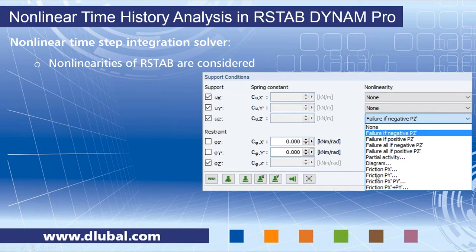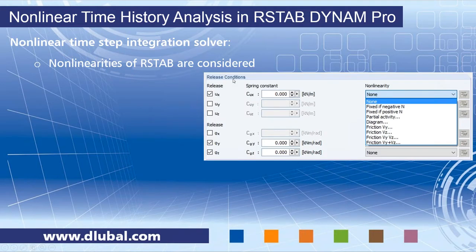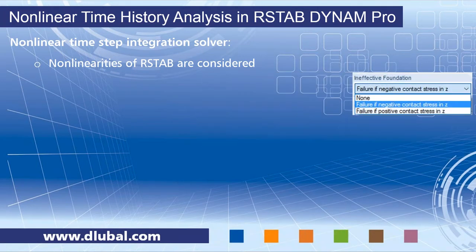So you can define several conditions. You can define frictions, or a quite flexible one is the diagram or partial activity. Similar things are available for hinges, for release conditions. In RSTAB, we also have the foundation of members that can be inactive, or that fails if negative or positive contact stresses are available.